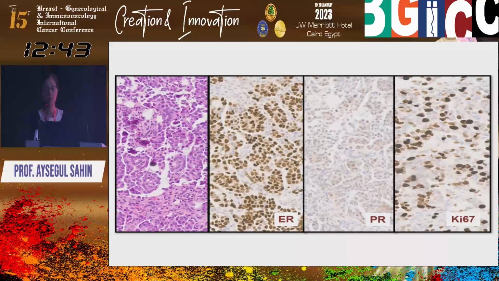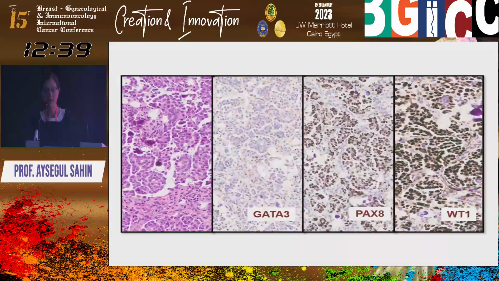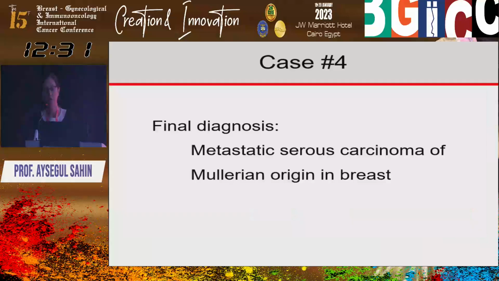And the tumor was diffusely positive for ER, negative for PR, high Ki67, and it was negative for GATA3, while PAX8 and WT1 were positive. So based on this, we said it was a metastatic serous carcinoma of Mullerian origin.